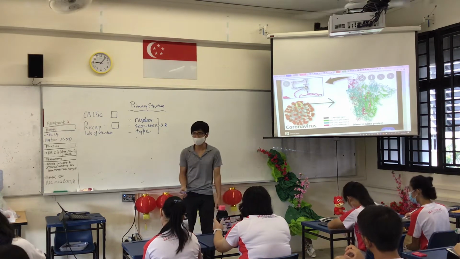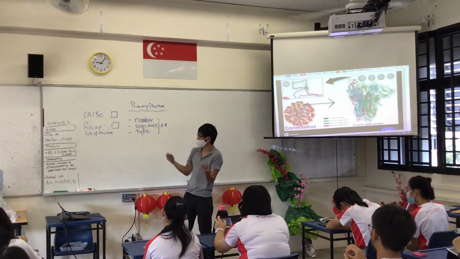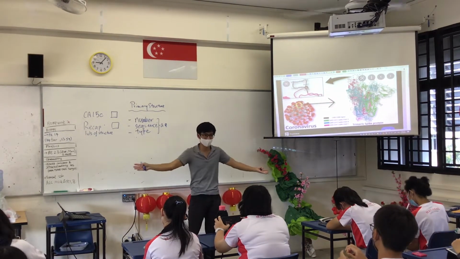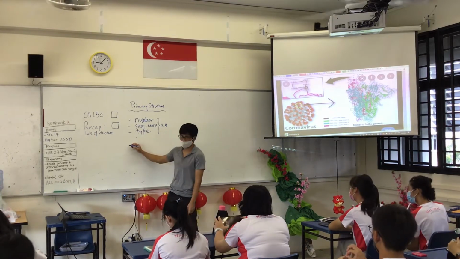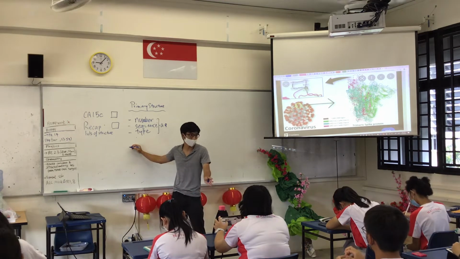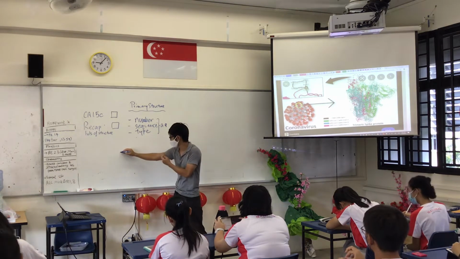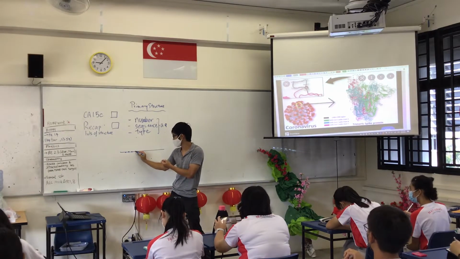Every protein has a different primary structure, in other words, every protein has a different number, sequence, and type of amino acids in its chain. So if I were to draw out a primary structure without secondary structure or tertiary structure, it will just look like a string of beads, except the beads are your amino acids.